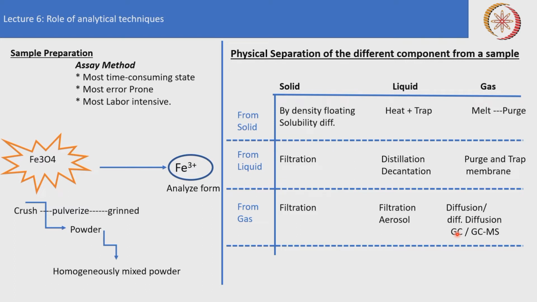Basically the principle of gas chromatography, where you want to separate some organic molecules, then you can use gas chromatography. Then you can separate one component from the other component. And if you connect this GC with some mass spectroscopy, then you get to know what the component is from the molecular mass of that component.